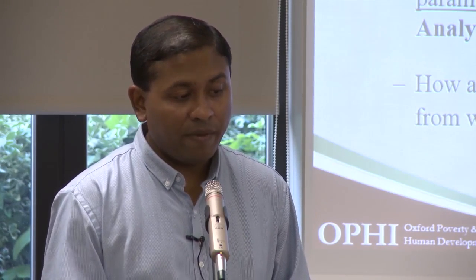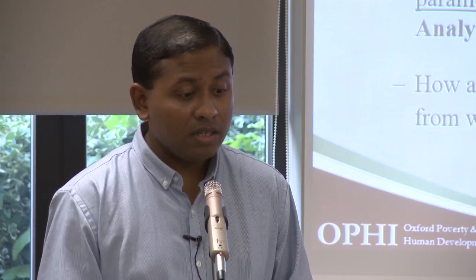There are two kinds of issues that we may be concerned with. One is how sensitive policy prescriptions are to the choices of parameters. You make different choices, right? You select weights, you select poverty cutoffs, you select deprivation cutoffs, and then you may ask how robust my answers are subject to these different choices.